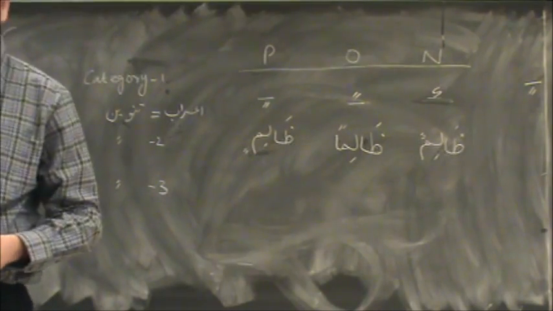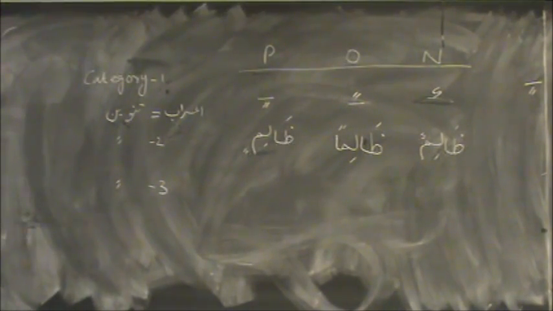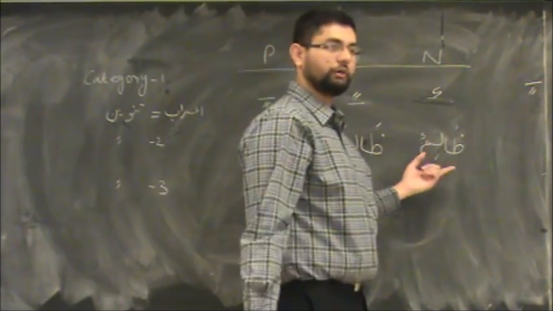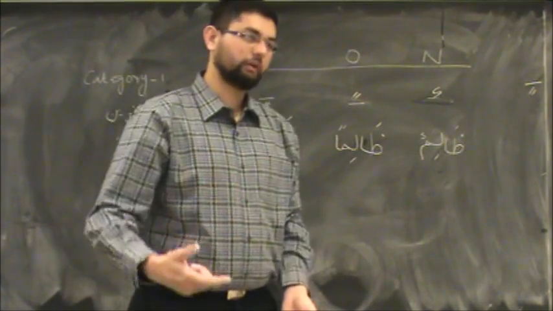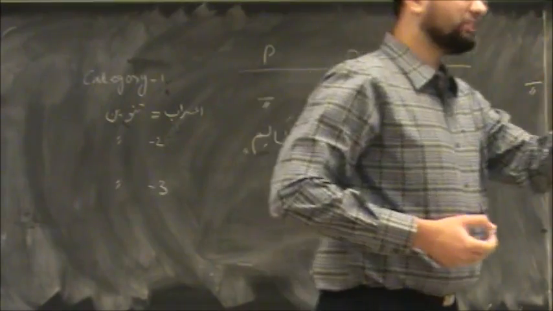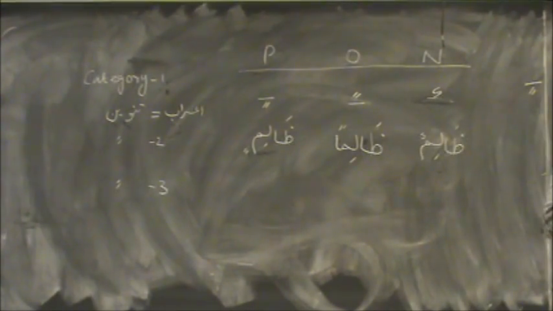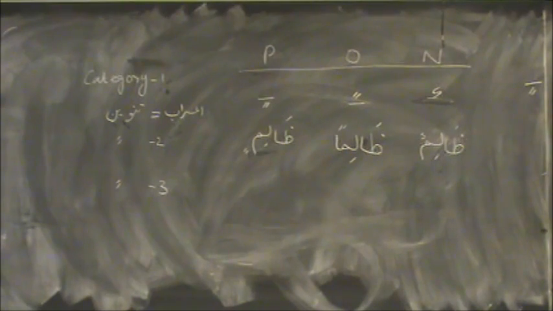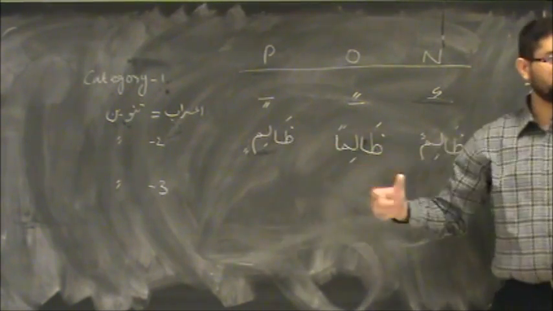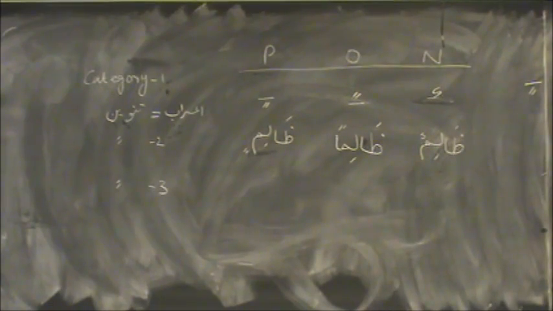Alright? What's the meaning? Zalim is cruel, unjust, the man. In all three cases it means the same. But the translation of the sentence may become different depending on the case. So when we study the structure of a sentence, then there will be minute differences. But for now, all three would mean cruel or unjust.